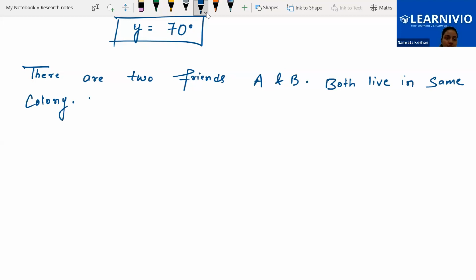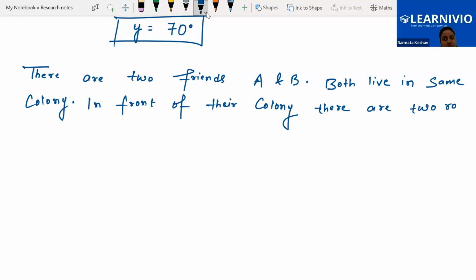In front of their colony, there are two roads which are parallel to each other.